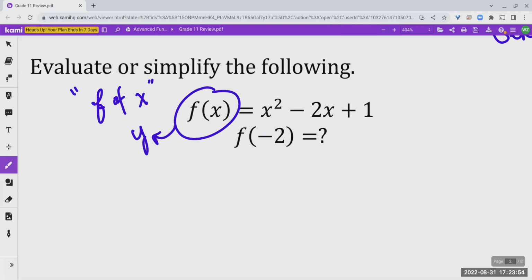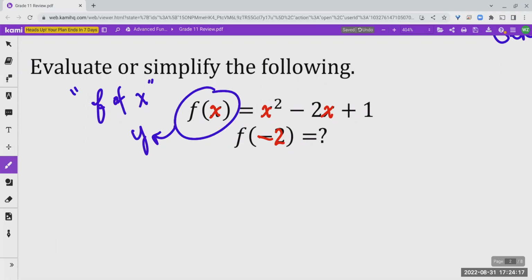All right, how do we do this? Well, notice that instead of f of x, you have f of negative 2. Let me highlight your x's. I'll use red for all the x's. In the function, instead of x, it says f of negative 2.